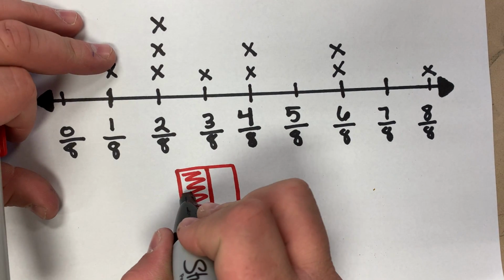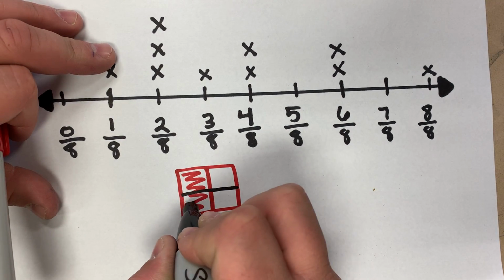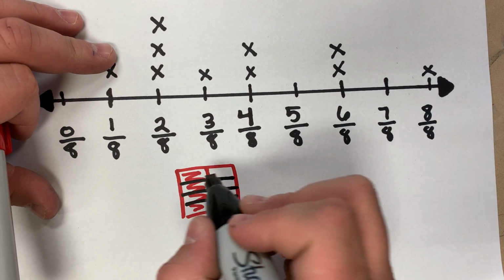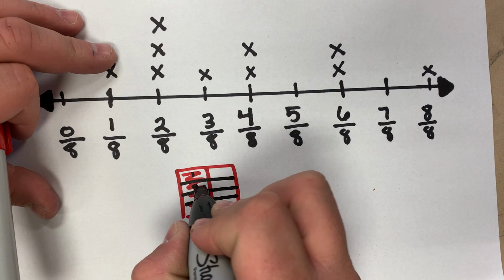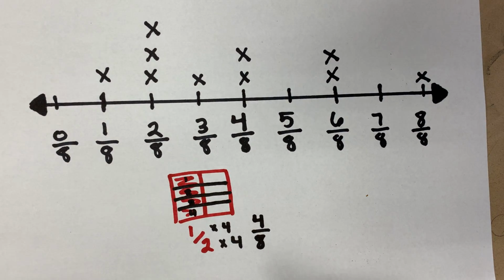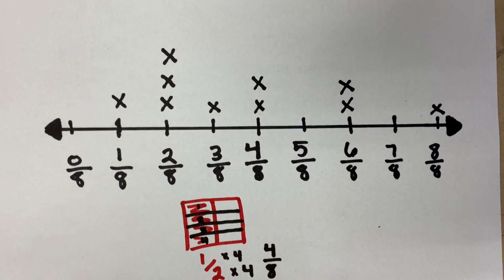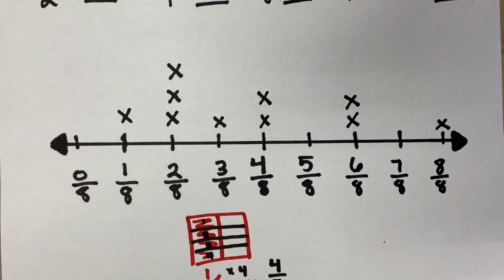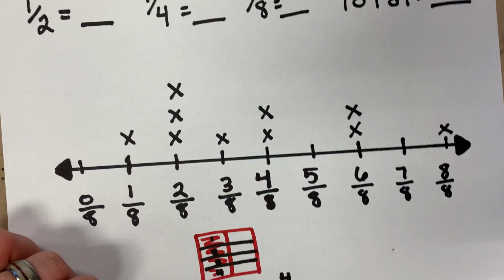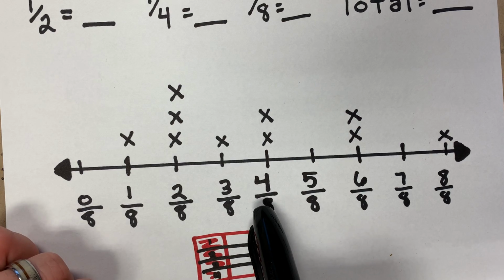And to see that visually, I'll take my 1/2 and cut it into 4 more even pieces. And you can see that I've got 1, 2, 3, 4 parts shaded out of my 8 possible parts. So now, going back up here, I know that 1/2 is equivalent to 4/8.